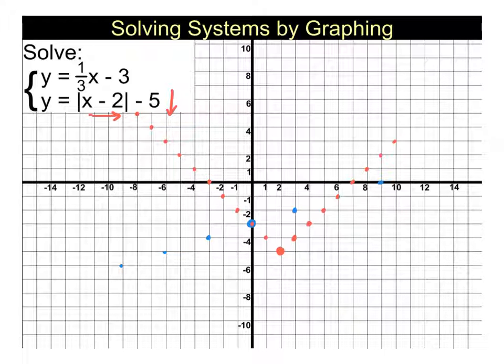It's always going to be going up and over the same amounts. But when we deal with absolute value, we start hitting a little bit of a gray area. Because on the right side, that 1 is the slope. And we could talk about what the slope is for that portion of the graph. But on the left side, that slope changed. So the entire graph does not have the same slope. The slope actually changes during the graph.